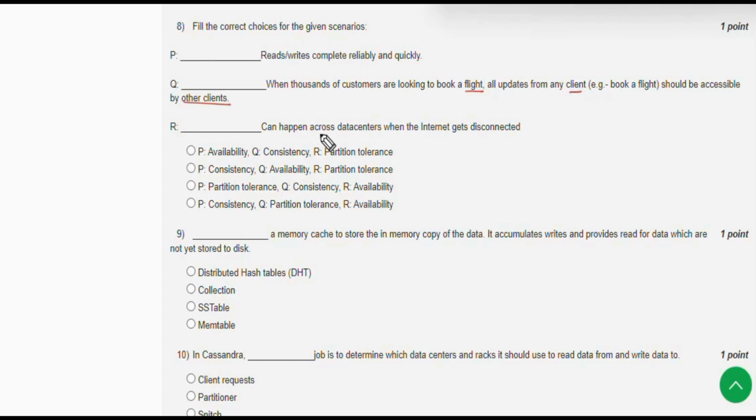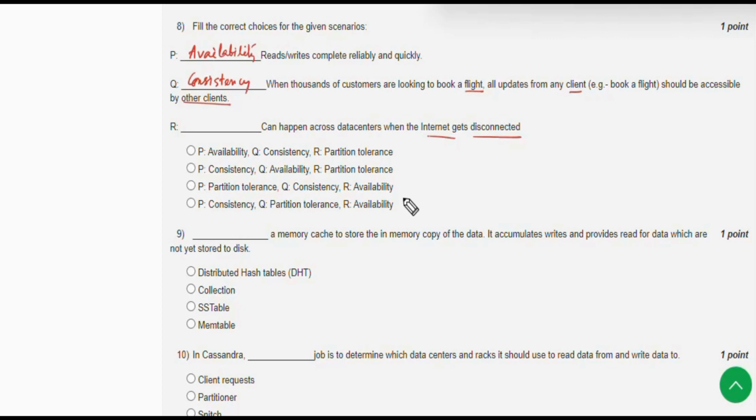And dash can happen across data centers when the internet gets disconnected. Okay, so here availability: reads writes complete reliably and quickly.